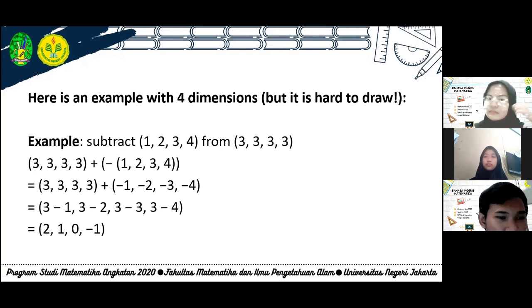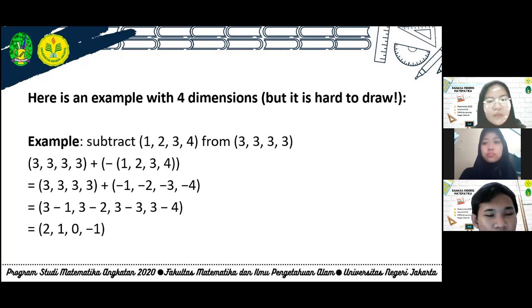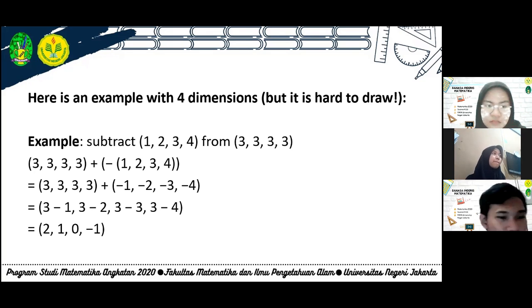That equals vector 3, 3, 3, 3 plus vector negative 1, negative 2, negative 3, negative 4. It's equal to vector 3 minus 1, 3 minus 2, 3 minus 3, 3 minus 4. And then we get the result, vector 2, 1, 0, minus 1.